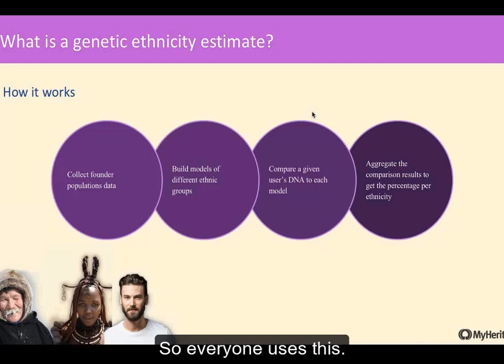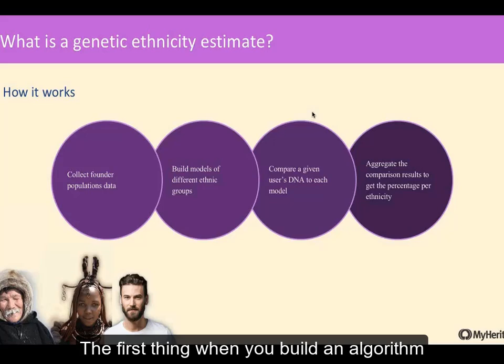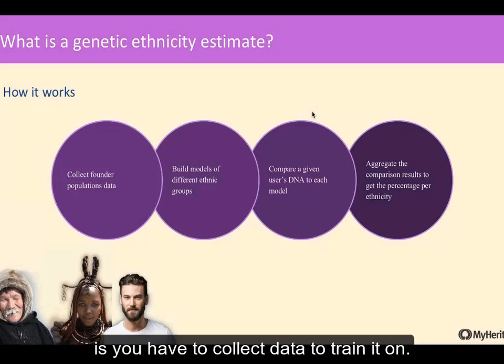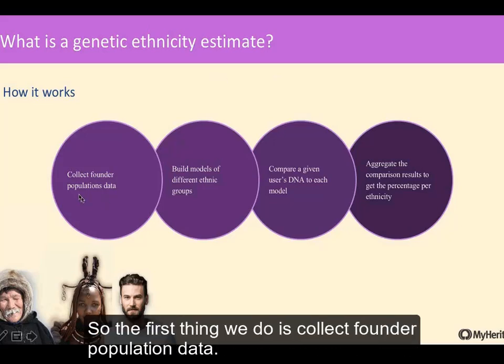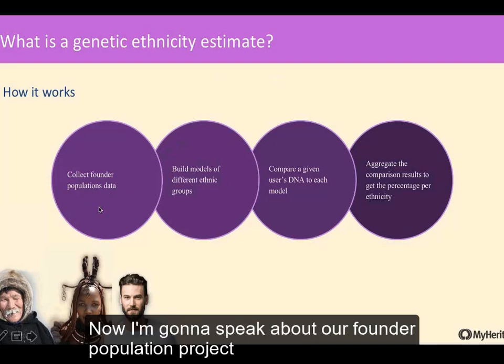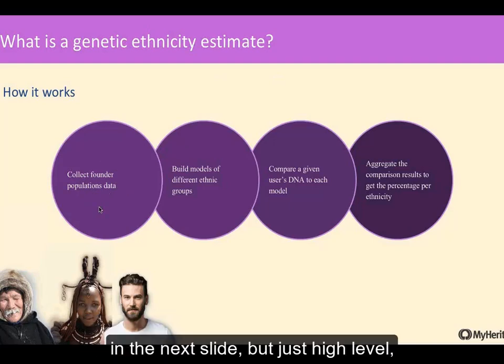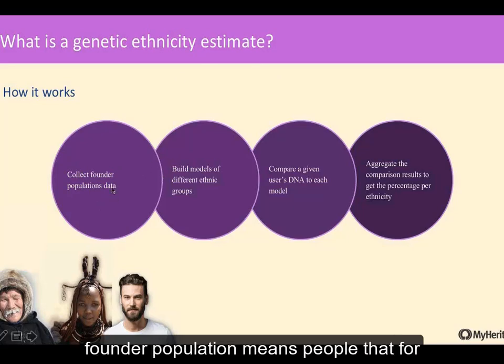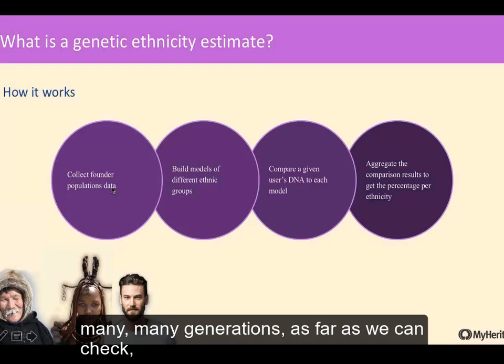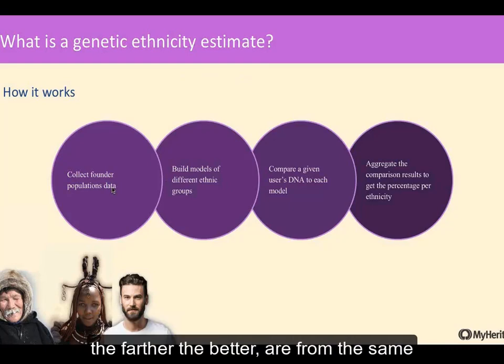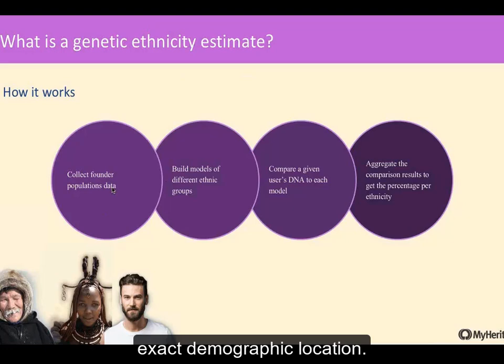So everyone uses this. The first thing when you build an algorithm is you have to collect data to train it on. So the first thing we do is collect founder population data. Now I'm going to speak about our founder population project in the next slide, but just high level, founder population means people that for many, many generations, as far as we can check, the farther the better, are from the same exact demographic location.